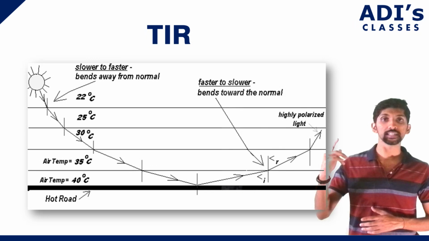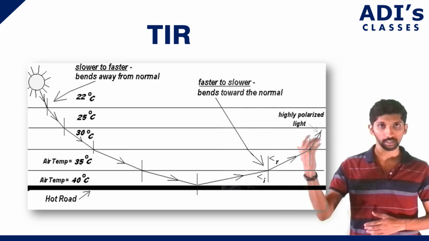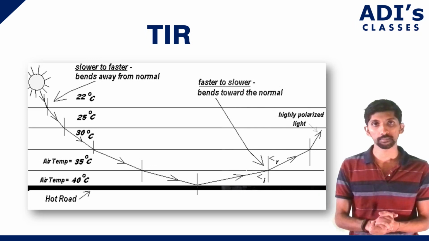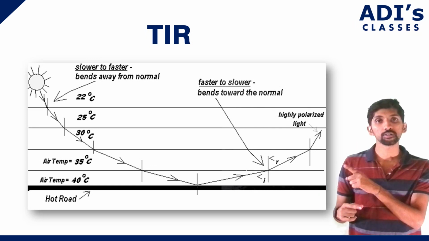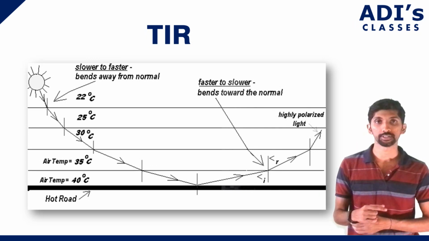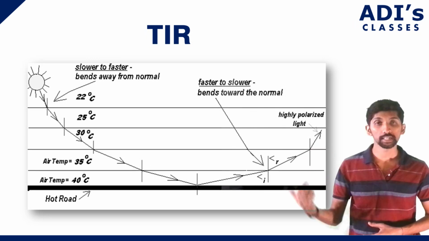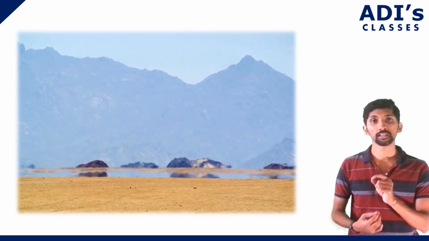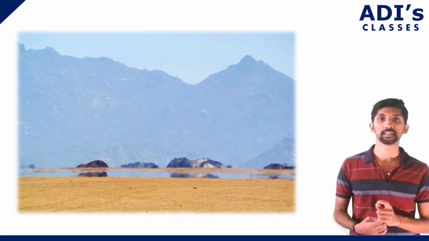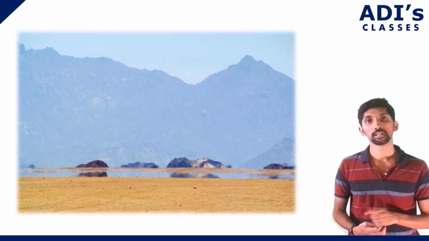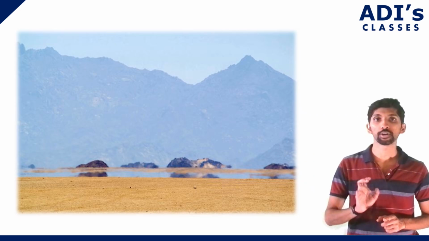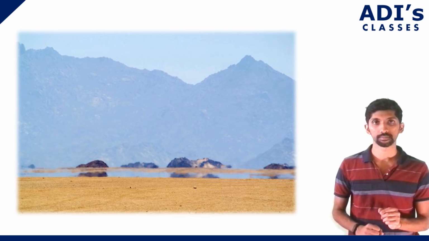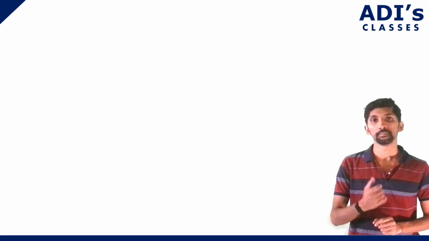As a ray of light comes, let's say from a tree or from the top of a building, it undergoes multiple refractions. At some point, the angle of incidence will be greater than the critical angle. Then it undergoes reflection. So this is what you see. It is actually a virtual image. That is what we call a mirage.